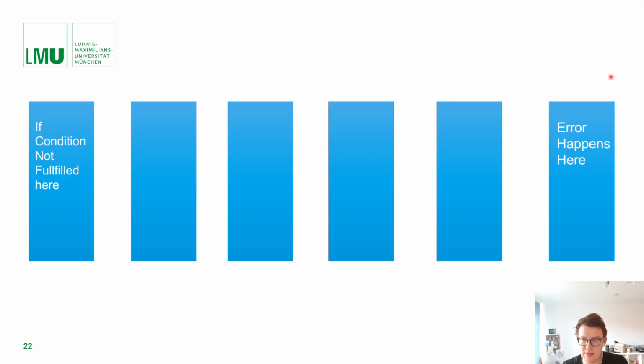If we imagine our code like this domino track, there may be occasions where a condition is not fulfilled, maybe at the beginning of our code, and an error will happen somewhere downstream.